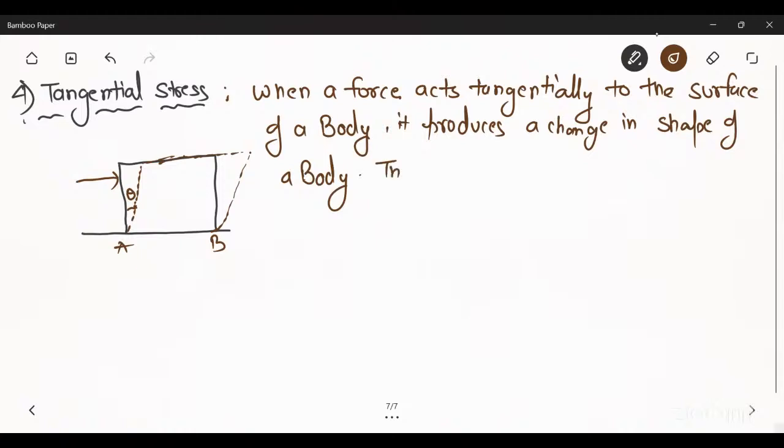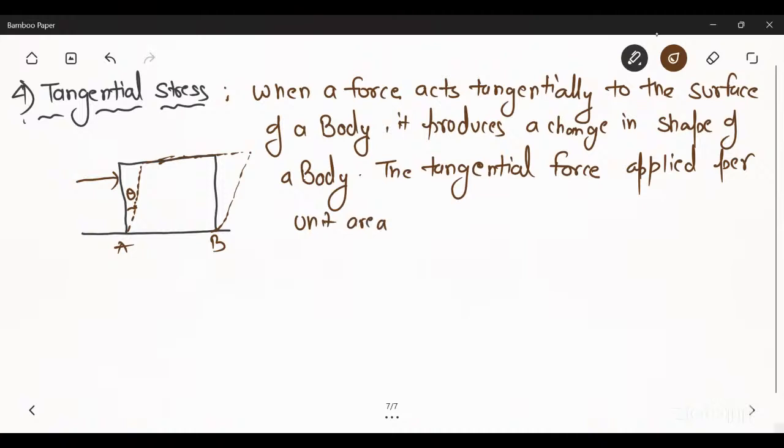The tangential force applied per unit area is equal to tangential stress. So all types of stress are clear.